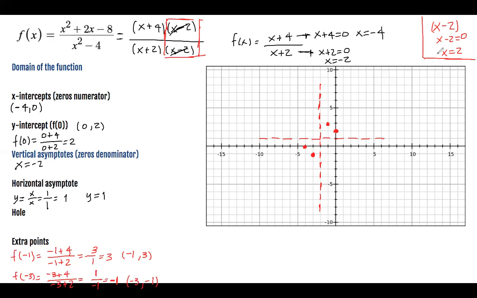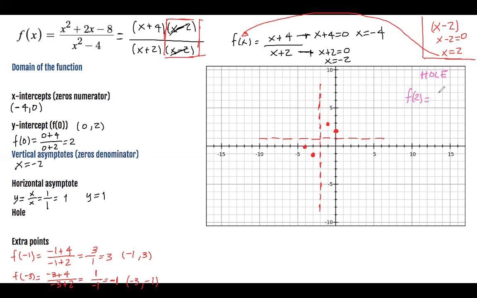So the hole is going to be found by using the value that we left out of the function, and we're going to use it as an input. Because it was supposed to be either a vertical asymptote or an x-intercept, but ended up disappearing from the function, we need to see what happened at that exact location, at x is equal to 2. So to find out what happened, we're going to evaluate the function, so the function can tell us what the value is.